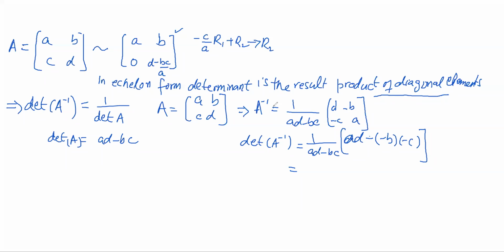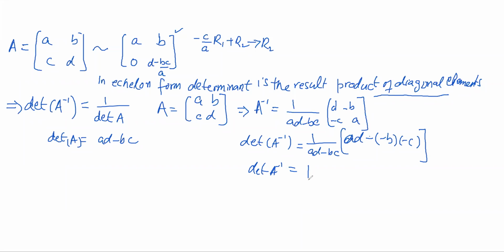So 1 over AD minus BC is here, and then it's AD minus BC, which cancels with AD. So that means the determinant of A inverse is 1.